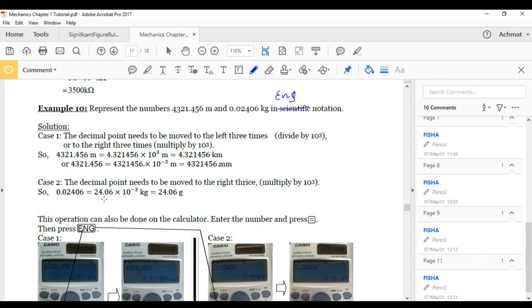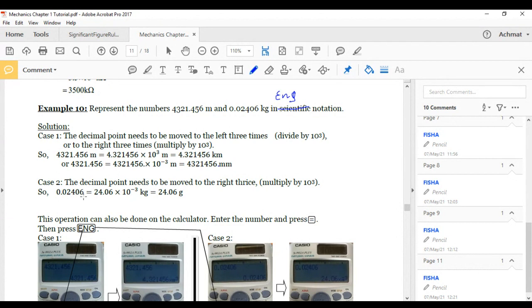Remember, as it is in kilograms, that is already an engineering notation. But if you want to write it in a simpler form, you can write it in grams. Grams is also an engineering notation, 10 to the 0, and 0 is also a multiple of 3. So you move this thing to the right 3 times, 1, 2, 3, then you will get 24.06.